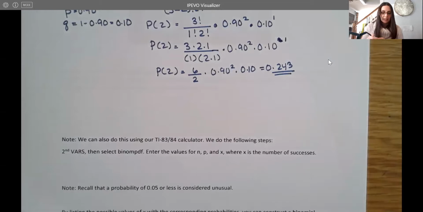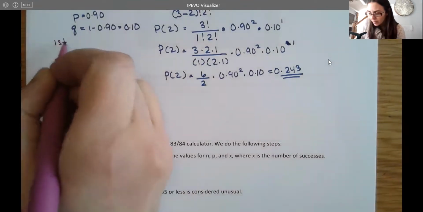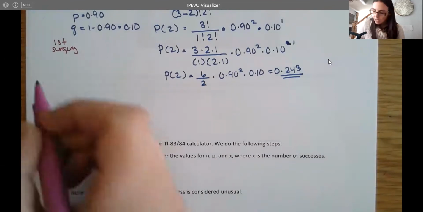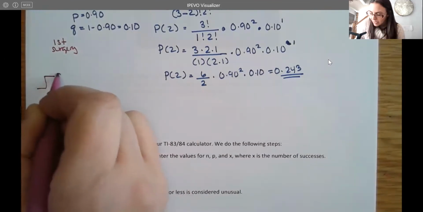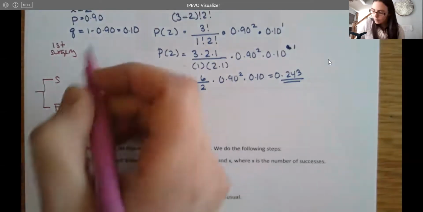Now, another way to do it is to make a visual. So this one can get a little bit complicated, but what the tree diagram would look like would be this. So let's say we have our first surgery. Well, either you could have a success or you could have a failure, right?